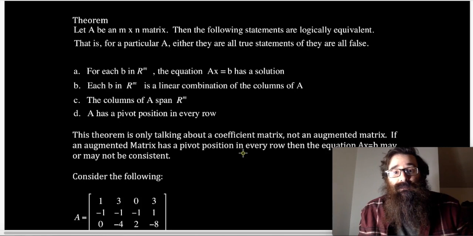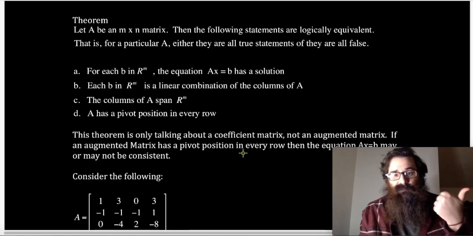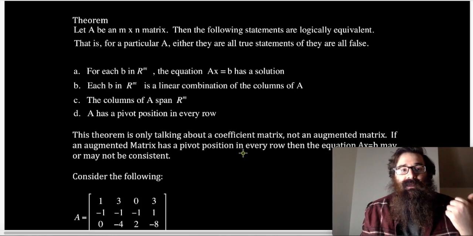Now for this, and we'll talk about this later, this is really talking about just a coefficient matrix, not an augmented matrix. So the first statement says, for each b in Rm, the equation Ax equals b has a solution. Second says, each b in Rm is a linear combination of the columns of matrix A. The third statement says the columns of matrix A span Rm.